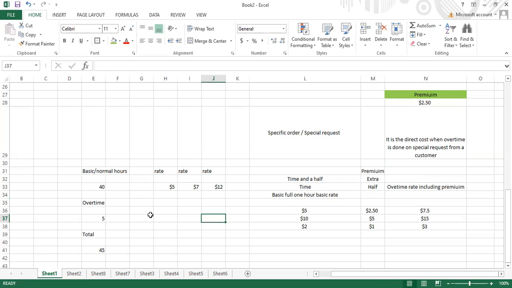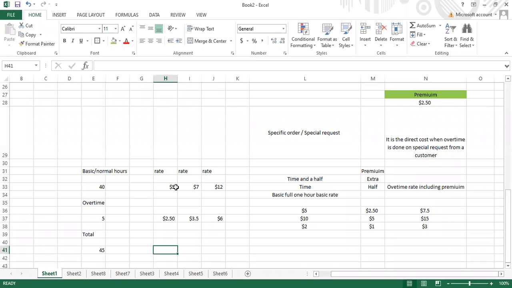So half of 5 would be 2.5, and the half of 7 would be 3.5, and the half of 12 would be 6. So the total amount would be what? You can easily understand.